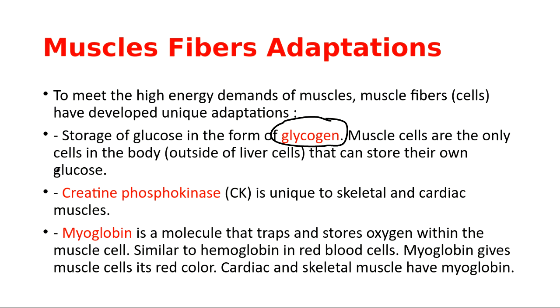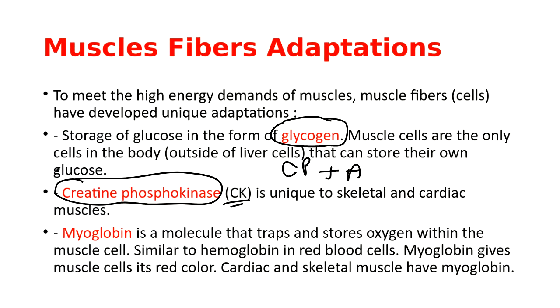Creatine phosphokinase, or creatine kinase, is a very special enzyme that can take creatine phosphate and donate the phosphate group to ADP to make ATP in a one-step process. Creatine phosphokinase is unique to skeletal muscle and cardiac muscle.